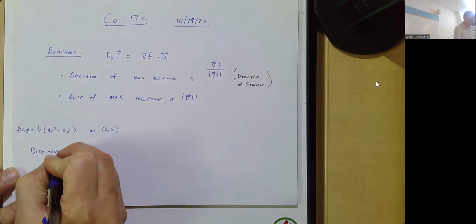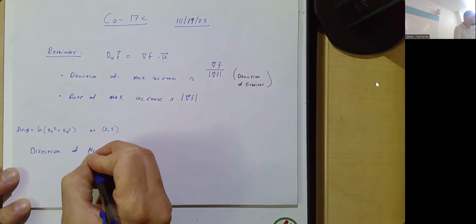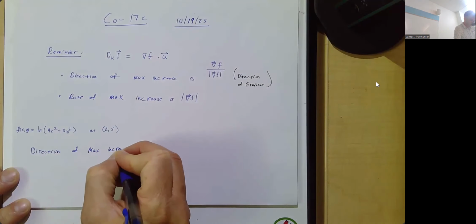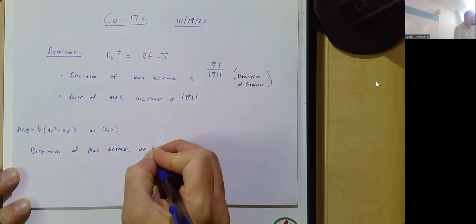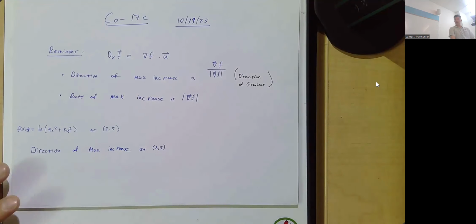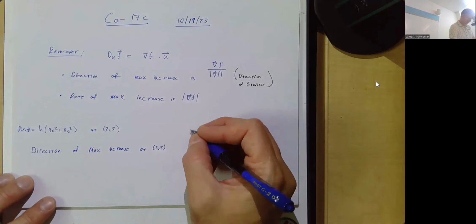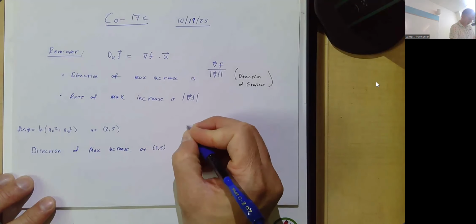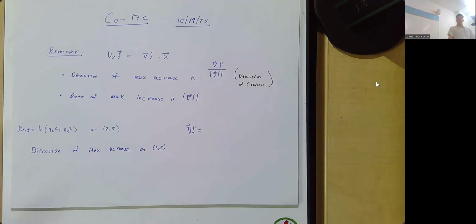So the direction of max increase at the point (2, 5), we're going to find the gradient at that point and then divide by its own magnitude. So let's see. The gradient of our function in general is the vector of partial derivatives.